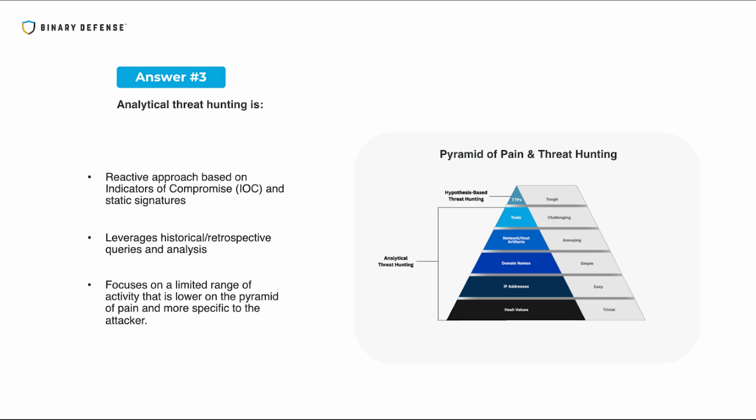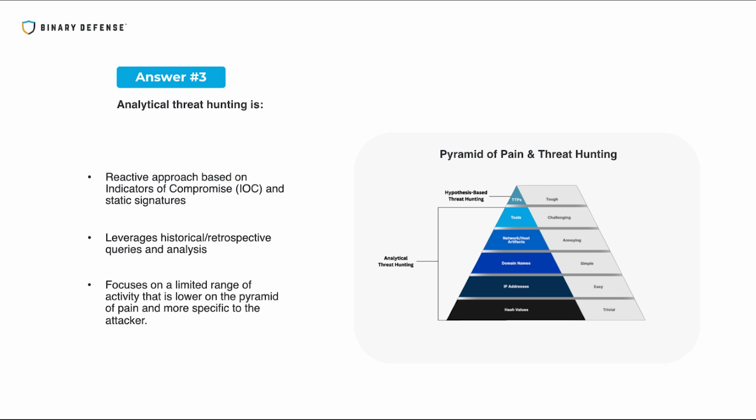So what is analytical threat hunting? It's a reactive approach based on indicators of compromise and static signatures. It's also leveraging historical, retrospective queries and analysis. Additionally, it focuses on a limited range of activity that's lower on the pyramid of pain and more specific to an attacker.